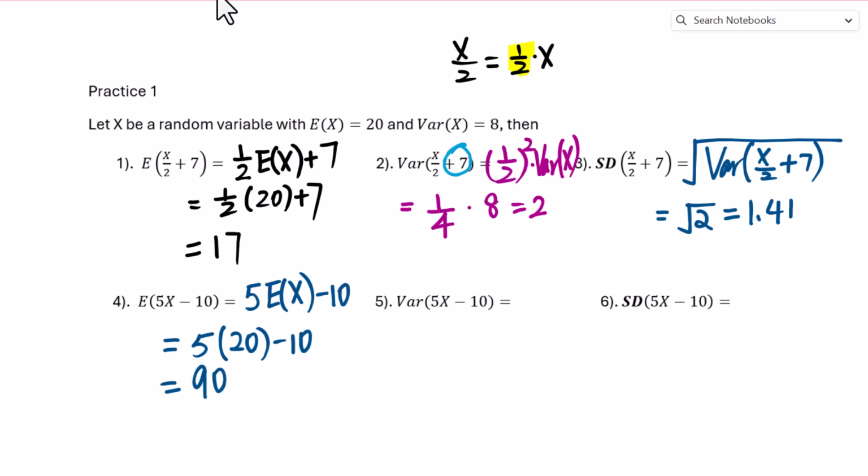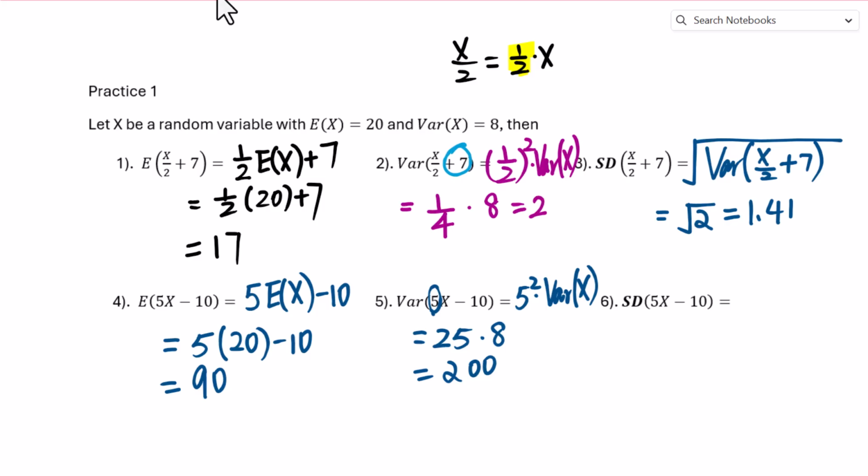For question 5, variance of 5X minus 10. This 5 is a coefficient, so we need to square it. 5 squared times variance of X equals 25 times 8 equals 200.